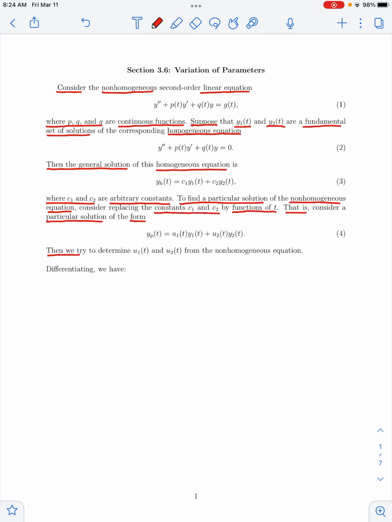And then we need to try to determine what are the functions u1 and u2 that would make this a solution of the non-homogeneous equation. So to determine what these functions u1 and u2 are defined as to be a solution of the non-homogeneous equation, we need to find our first two derivatives of this particular solution so that we can substitute into our non-homogeneous equation.